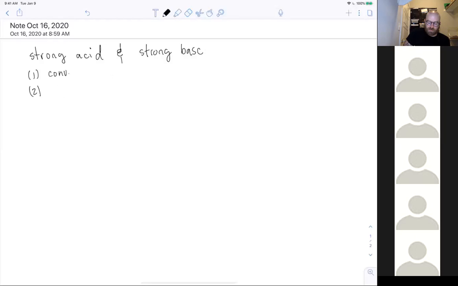For the types of questions where they're asking for pH along a titration curve, part one is convert everything to moles. Two is calculate the excess acid or base. And three is convert back to concentration.